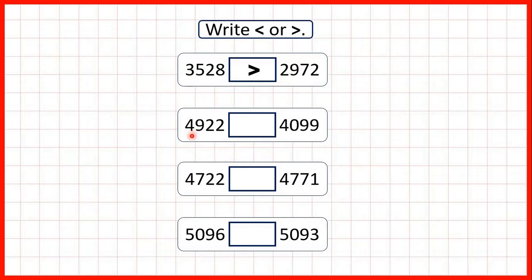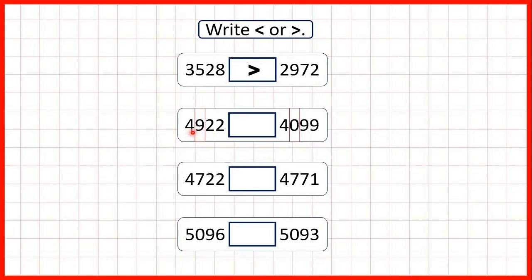Now we have 4,922 and 4,099. Again, we need to remember to compare larger place values first, so here that's our thousands place value. But both numbers have 4 thousands. So what we do is go to the next place value column along and compare the hundreds.